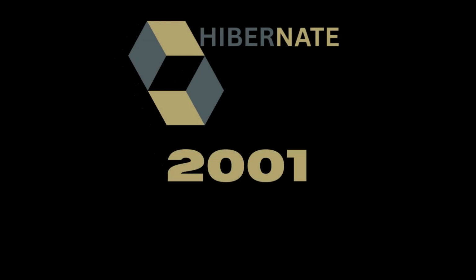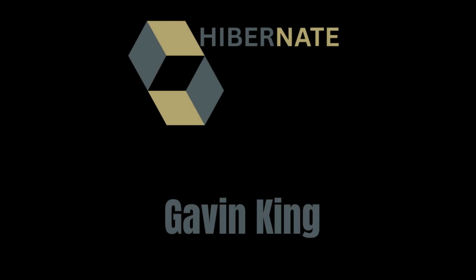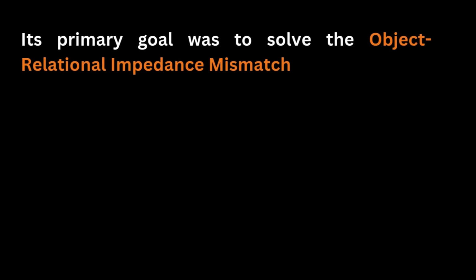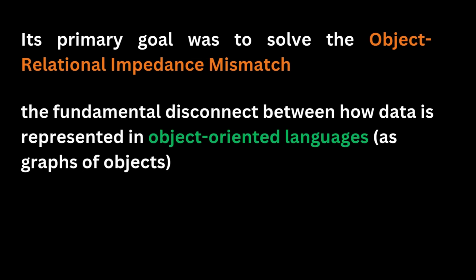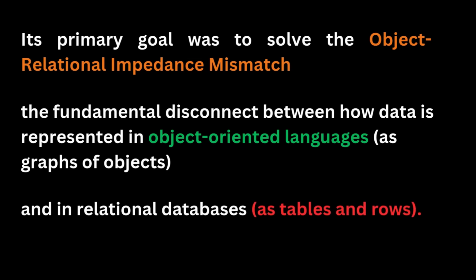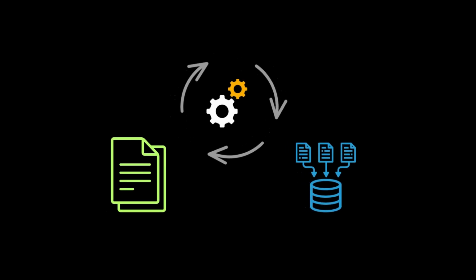Hibernate was created in 2001 by Gavin King. Its primary goal was to solve the object relational impedance mismatch, a fundamental disconnect between how data is represented in object-oriented language as graphs of objects and in relational databases as tables and rows. Its simplicity and power led to rapid adoption.